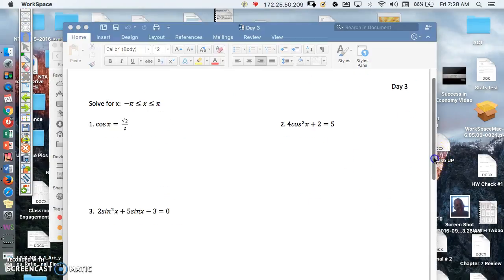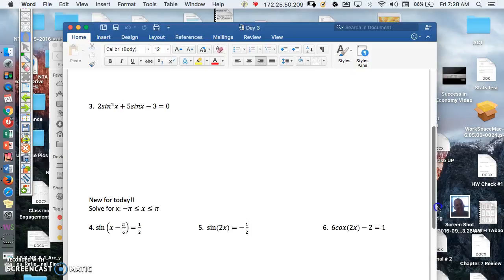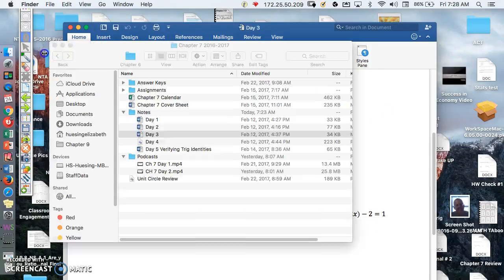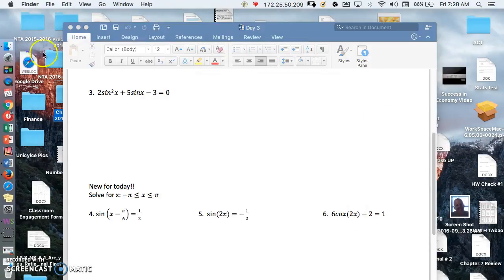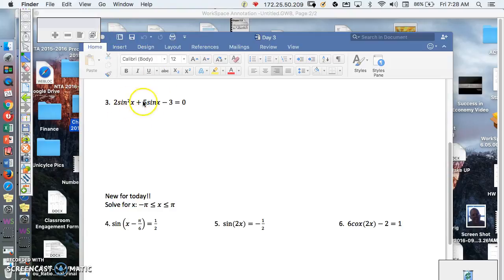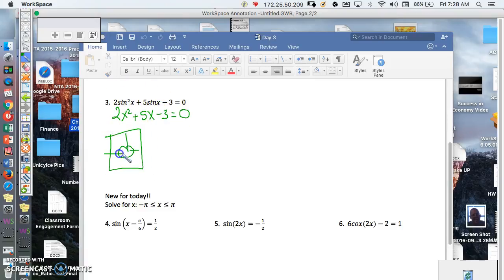Now the next one we did is one similar to what we did yesterday on day 2. Where we have this quadratic. And I sometimes like to just say, well, let's make this 2x squared plus 5x minus 3 equals 0, and we can factor that. So let's see, we got 2x squared, 5x, negative 3. So 2 times negative 3 is negative 6, and it has to add to 5.